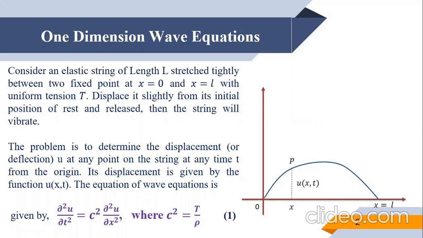Its displacement is given by the function u(x,t) and the equation of motion is defined, del square u by del t square is equal to c square del square u by del x square, that means the wave equation, where c square is T upon rho.